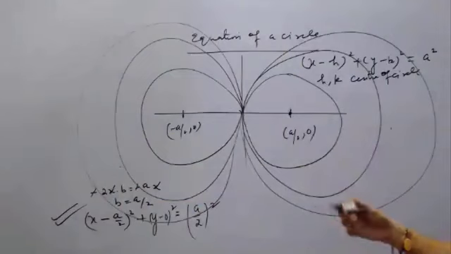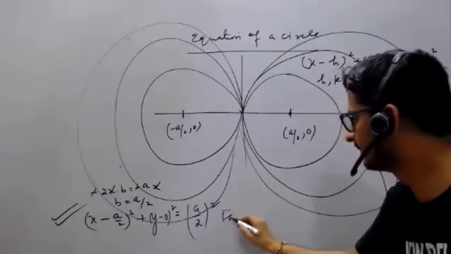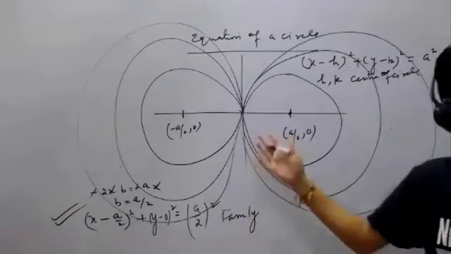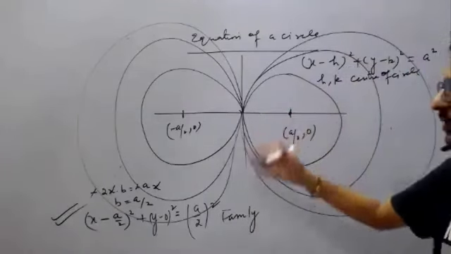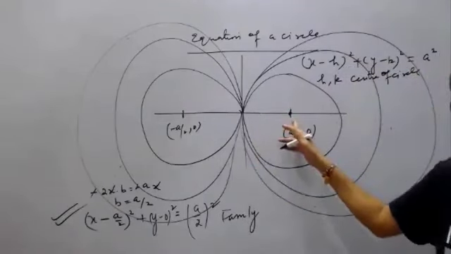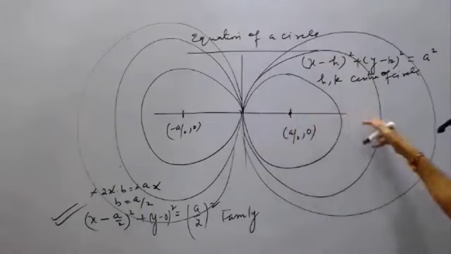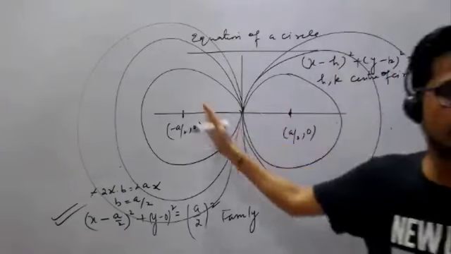So this is known as the family of solutions. Because the constant is not known, I have drawn different circles, taking different constants. Suppose the value of a is 2, then this circle, the value 3, then this circle, the value 4, this circle, like minus 2, minus 3.